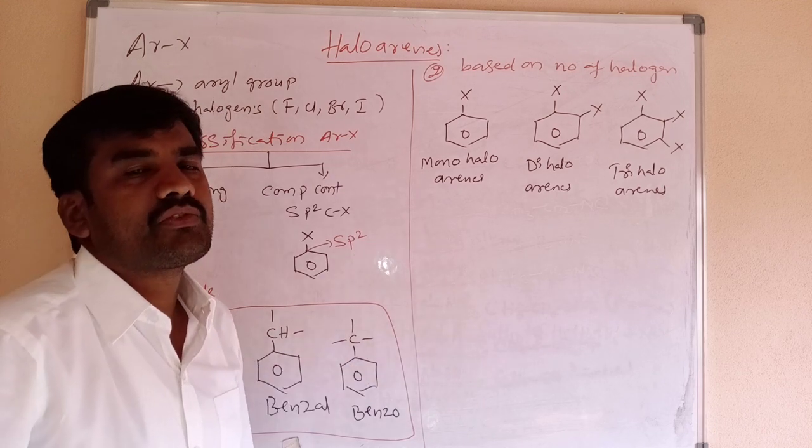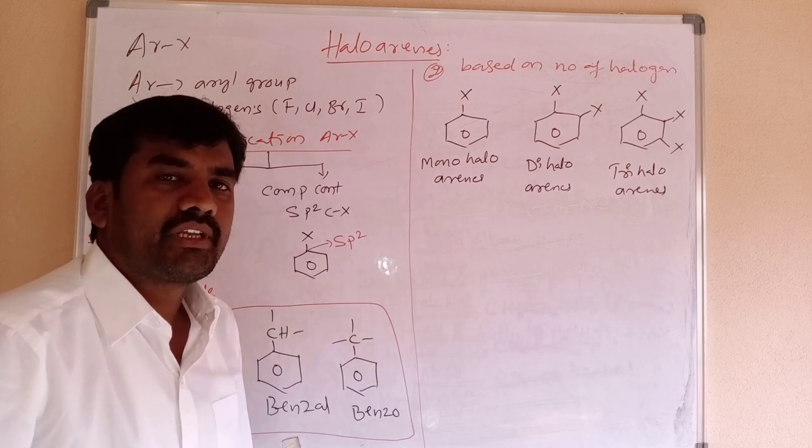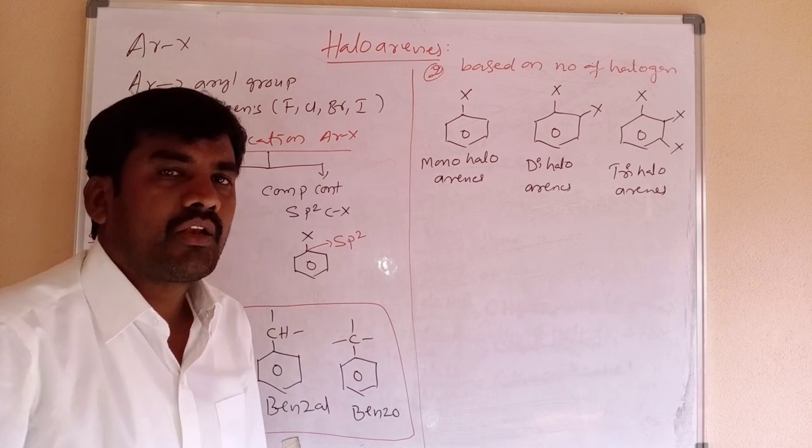When more than one halogen atom is attached on the benzene ring, they are called polyhaloarenes.